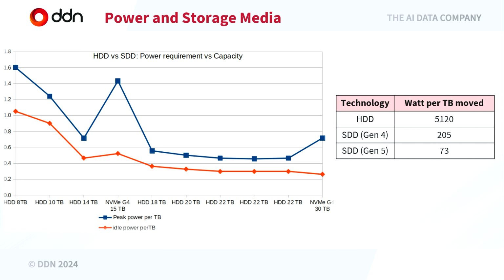And at the end, if I look at the number of watts needed to move 1 terabyte of data out of my device, my NVMe Gen 5 PCIe is basically 2 orders of magnitude more efficient than the hard drive. So finding the right substrate is maybe not as obvious as we can see. We have to understand the workload to see what will be the pressure in terms of data movement, in order to pick the most relevant, the most efficient technology for my system.